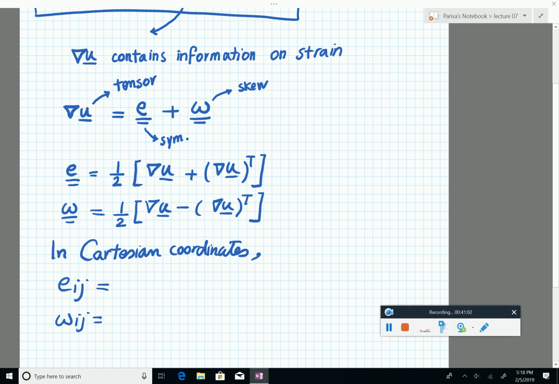These are both tensors. Right. Cartesian. I'll try to write it.